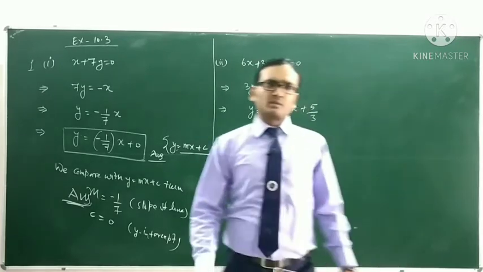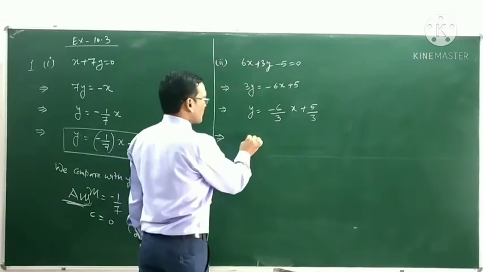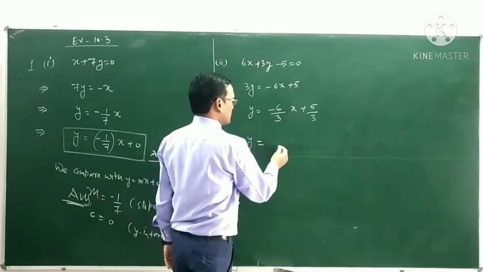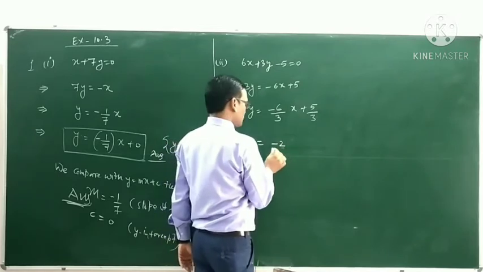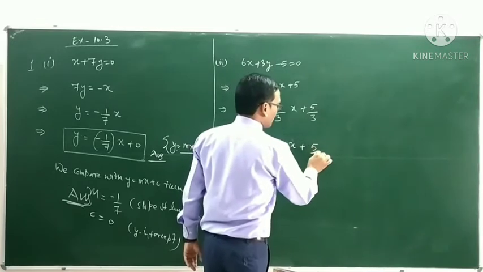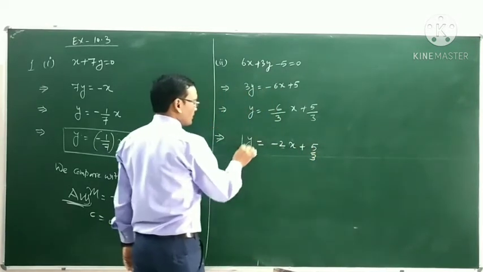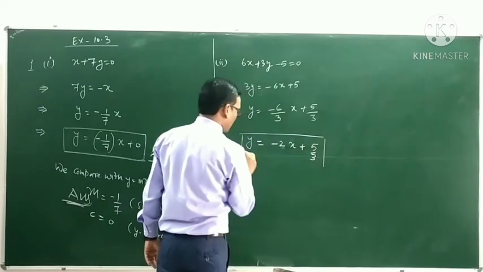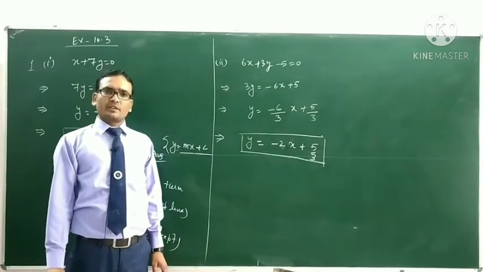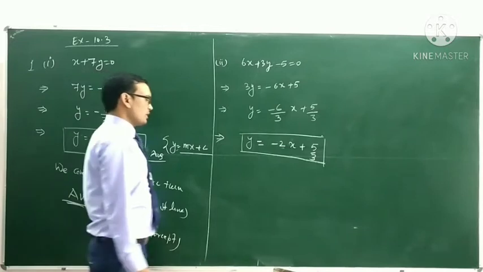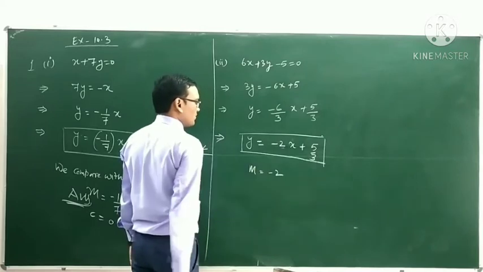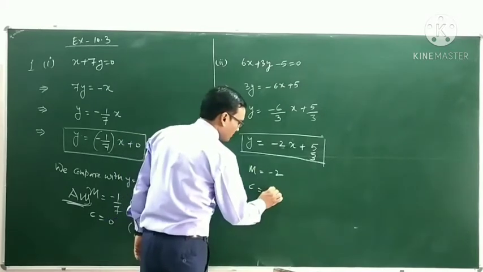This implies that y equal to minus 2x plus 5 by 3, which is the slope intercept form of the equation 6x plus 3y minus 5 is equal to 0, where m is minus 2 and c is 5 by 3.